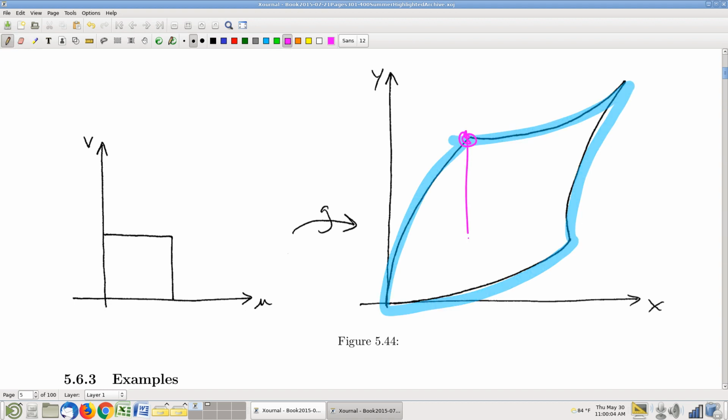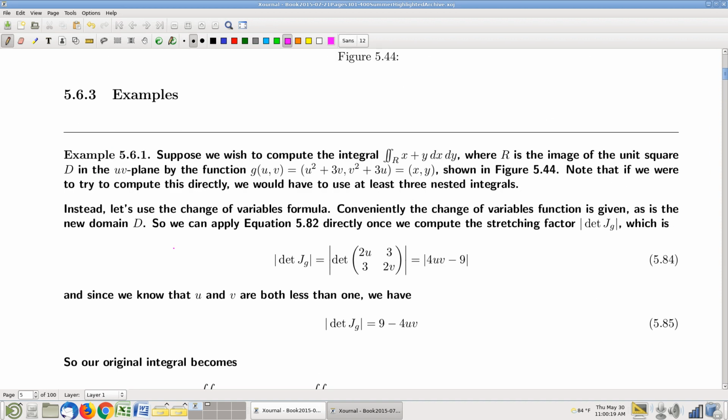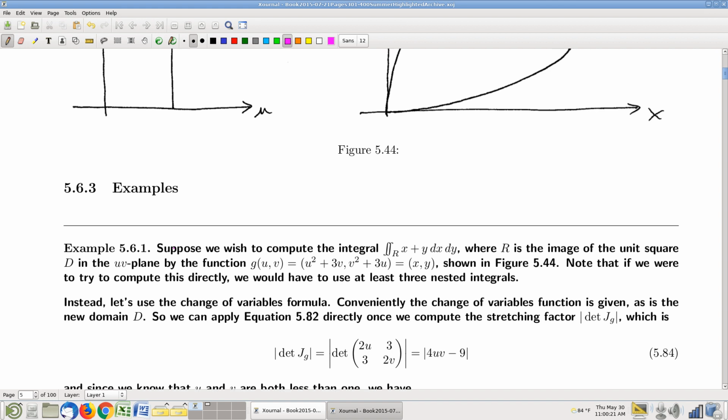You're going to slice through that corner and this corner, or similarly if you do it the other way. Okay. So we're going to do a pullback. I already know that this is an image. I already know my new domain. All I've got to do is plug into the formula. The formula says rewrite everything and don't forget your stretching factor. Your stretching factor is the Jacobian determinant.